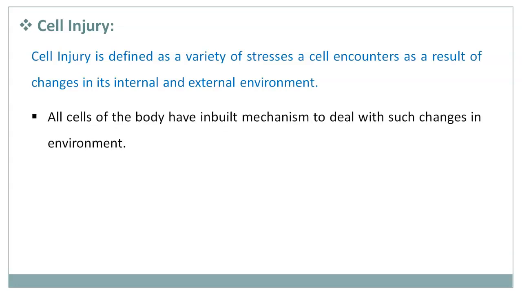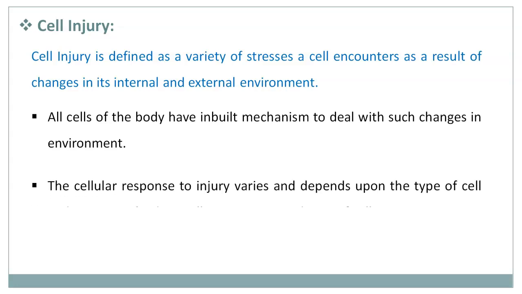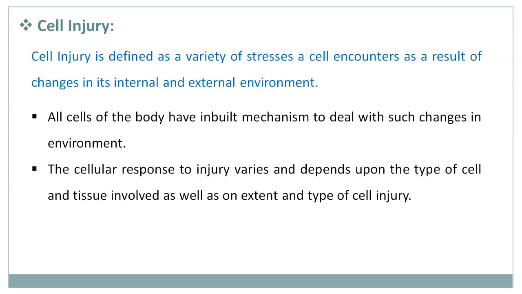All cells of the body have an inbuilt mechanism to deal with such changes in environment. The cellular response to injury varies and depends upon the type of cell and tissue involved as well as on the extent and type of cell injury.